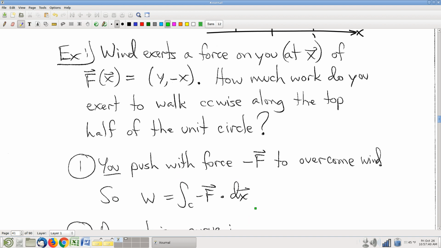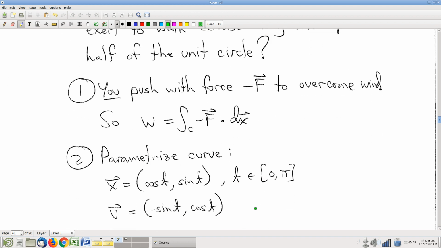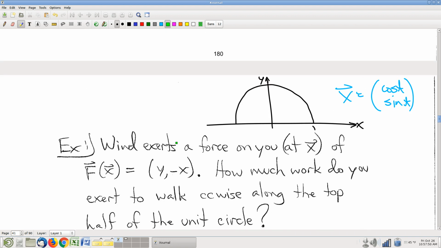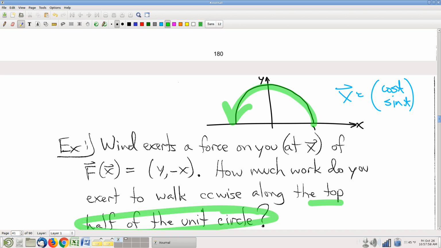Okay. So here's that parametric curve. Of course, we talked about that. Now, careful. This parametric curve only goes halfway around because this is the top half of the unit circle, not the full unit circle, just the top half.